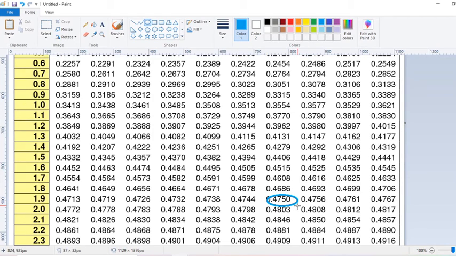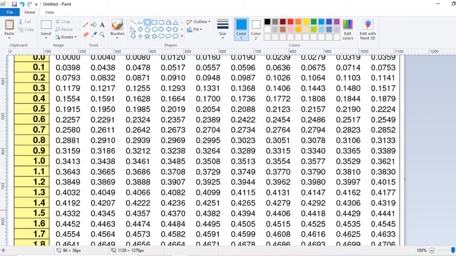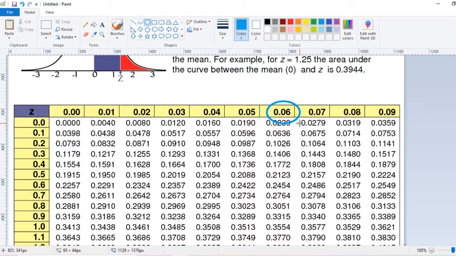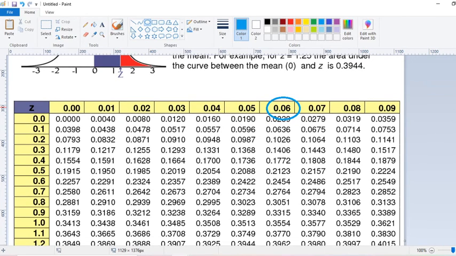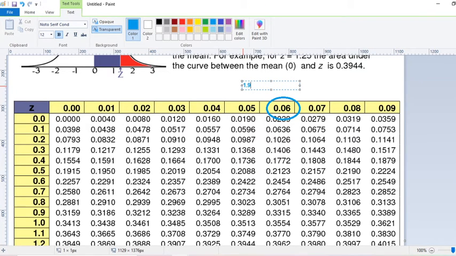Corresponding to 0.475, you can find a value here, 1.9, and also the value corresponding to that column, 0.06. Add those two values. 1.9 plus 0.06 gives 1.96.